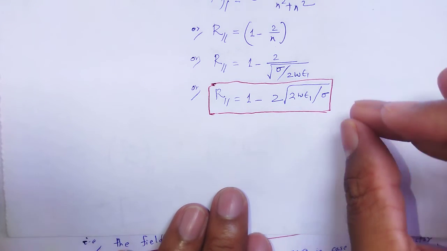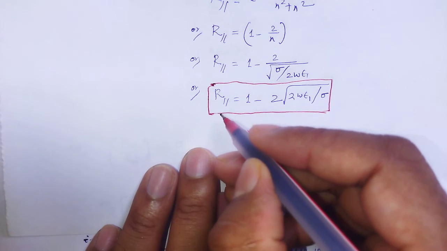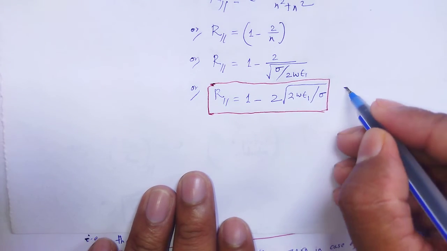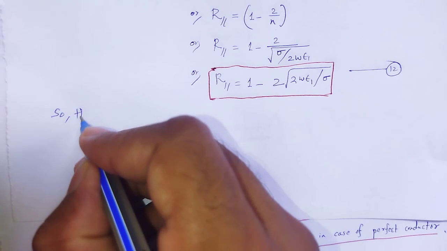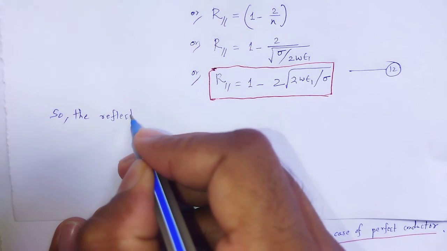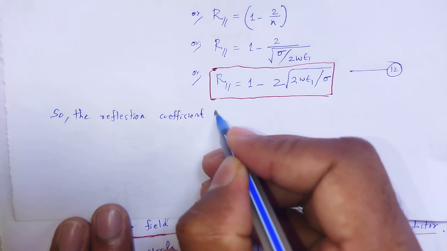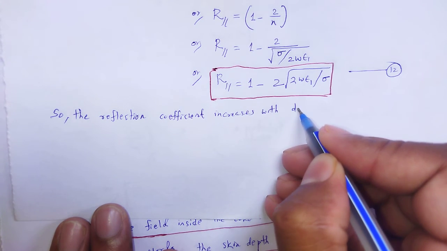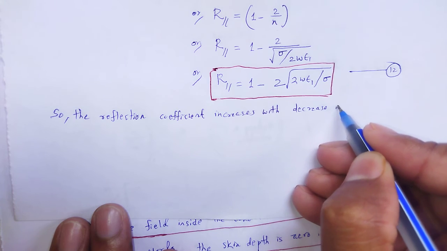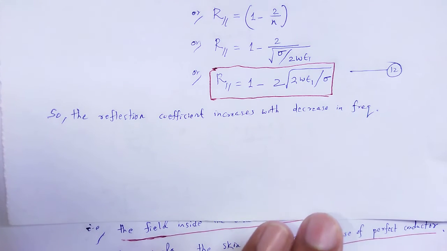When an electromagnetic wave is incident normally to that of conducting medium, that will be the reflection coefficient. So the reflection coefficient increases with decrease in frequency. It is under root of omega.